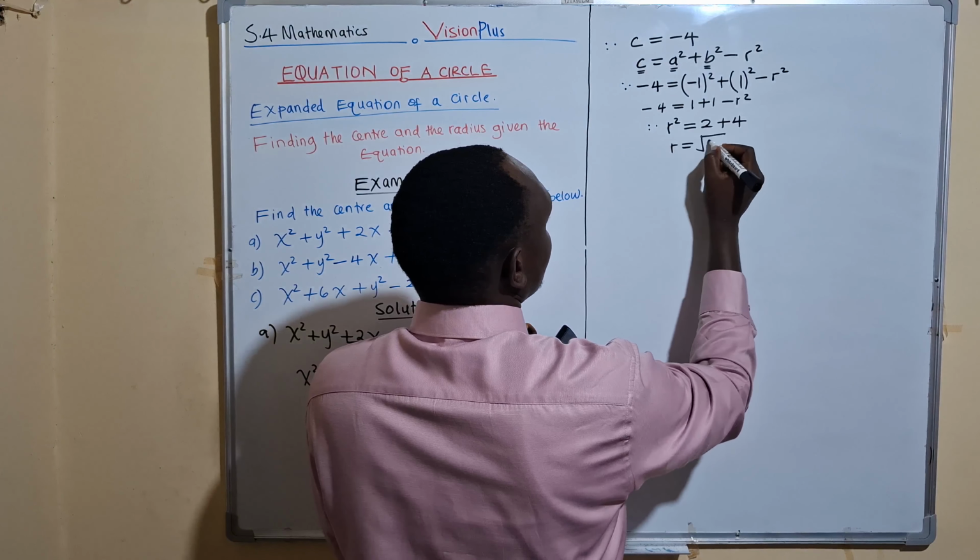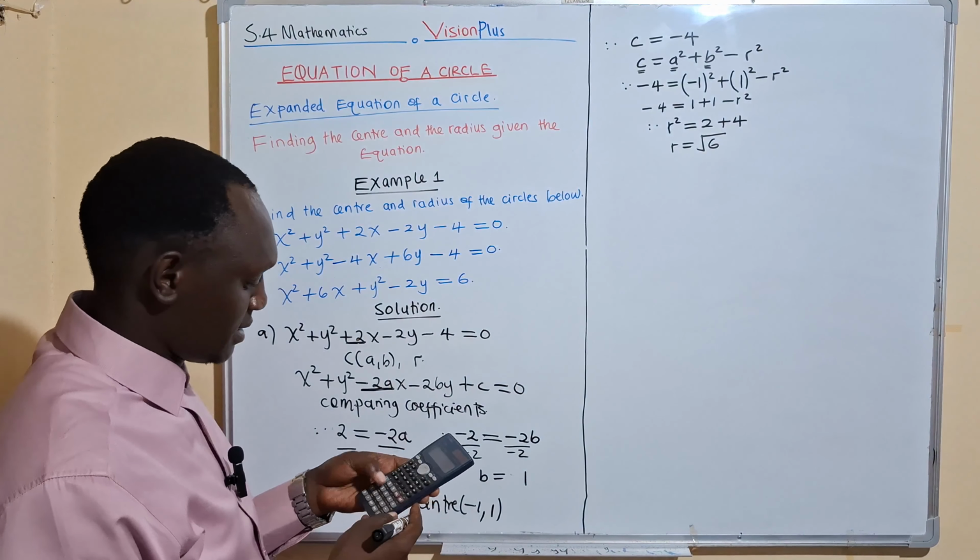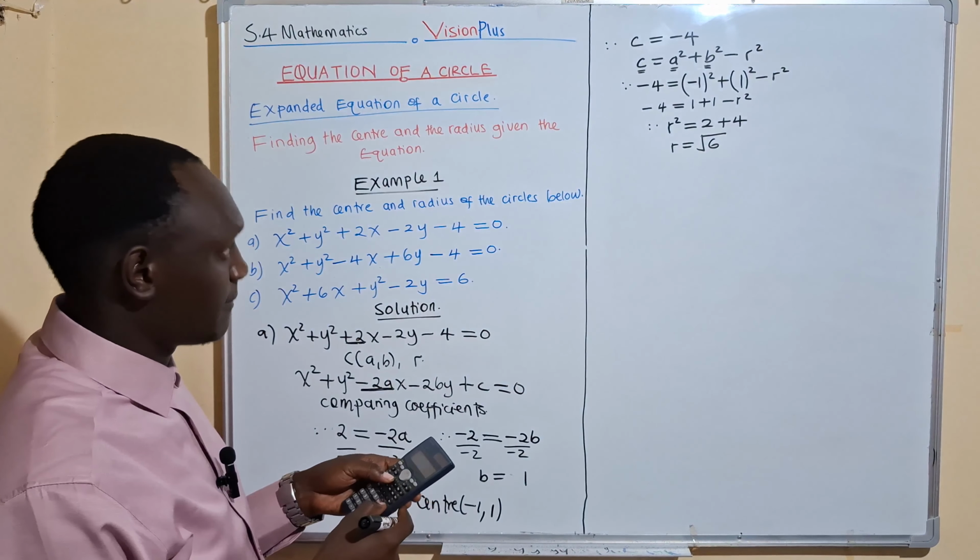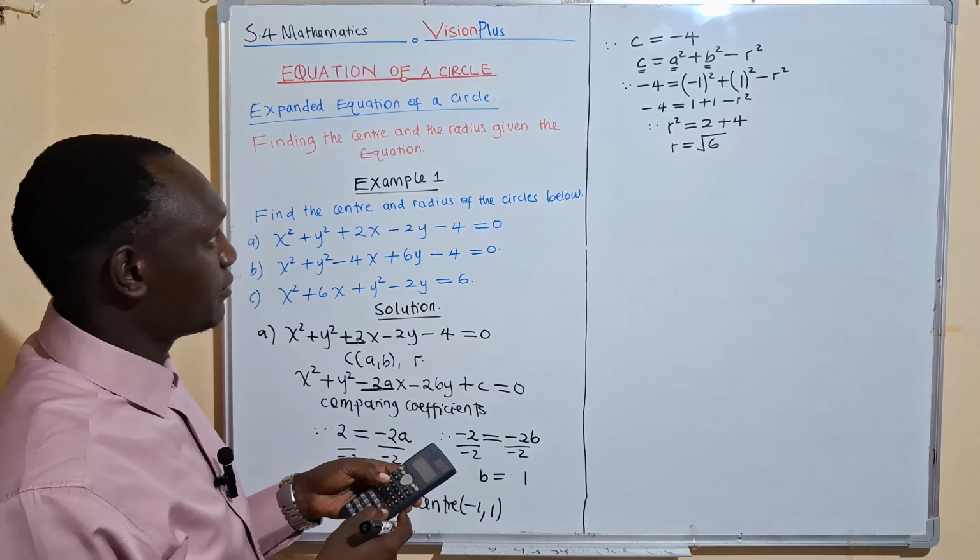That is R. Let me prove a bit. 6 going to have 2 minus 6. Yes, it is correct. So this is R. So therefore, radius R is root of 6 units.